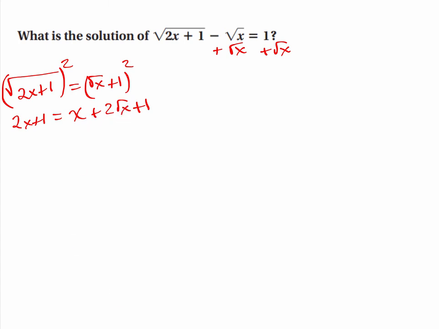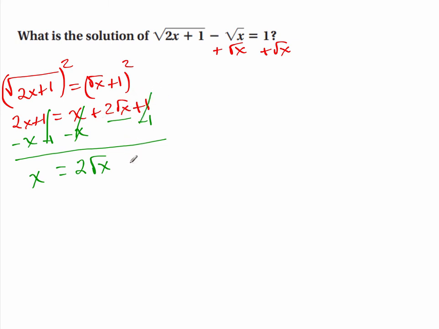Now what I need to do is isolate this radical. So this time I want to isolate this one, so I'm going to subtract x from both sides. So x goes away, and x is equal to 2 times the square root of x.